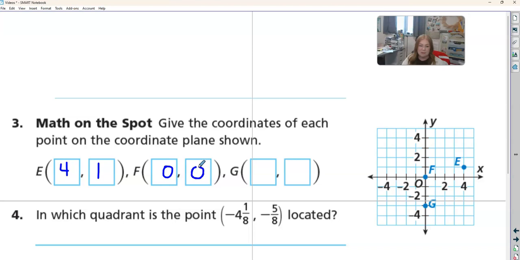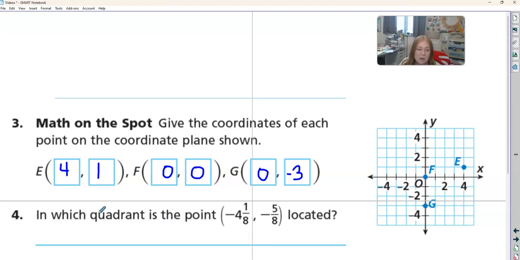It's on 0, 0. And then G, we're not moving over at all, G is on 0, and then we go down -3. When you have a 0, that means it's right on one of those lines. This is on the X line. And if it doesn't move up or down, it'd be on the Y line, like this one.